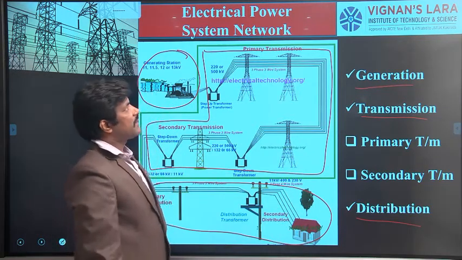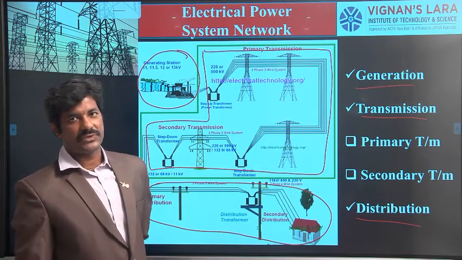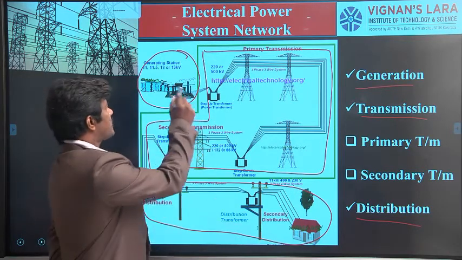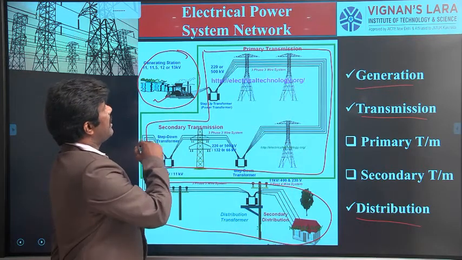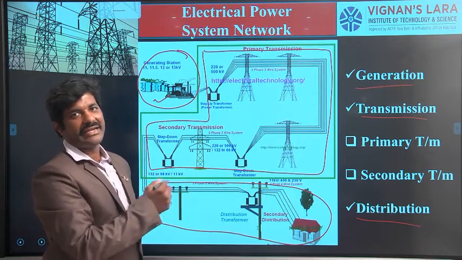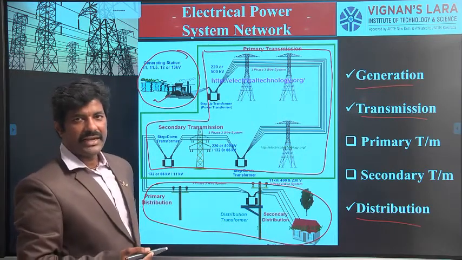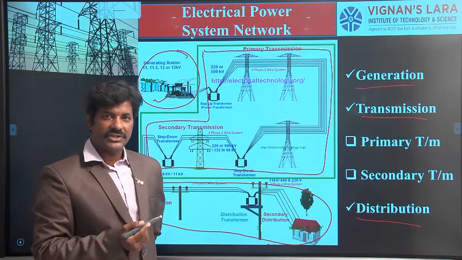So the course Power Systems 2 is a sequel of Power Systems 1, because in Power Systems 1 we have already studied how the electrical power is generated and what the different types of electrical power plants are. Here in Power Systems 2, it entirely deals with the transmission part.